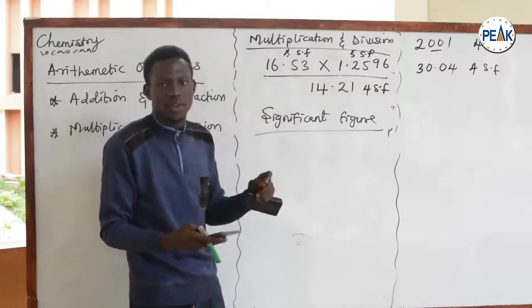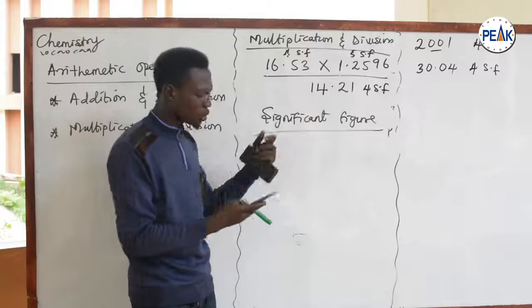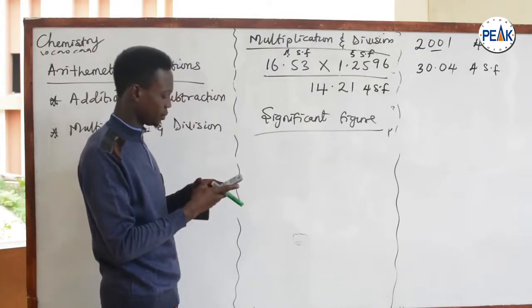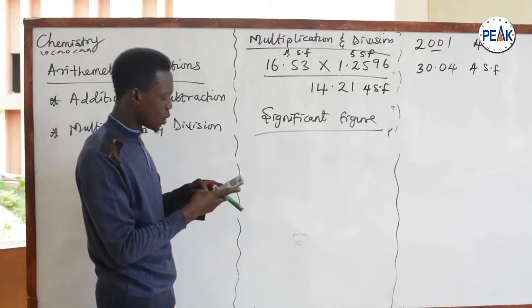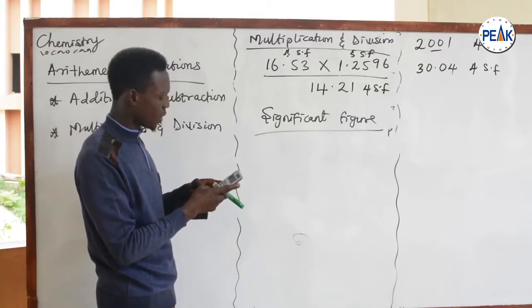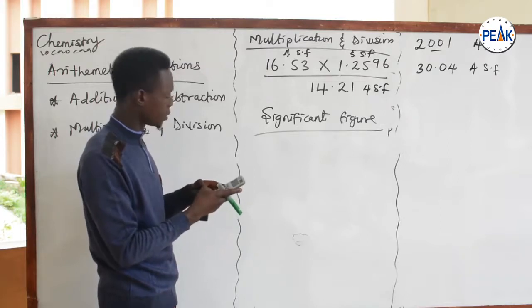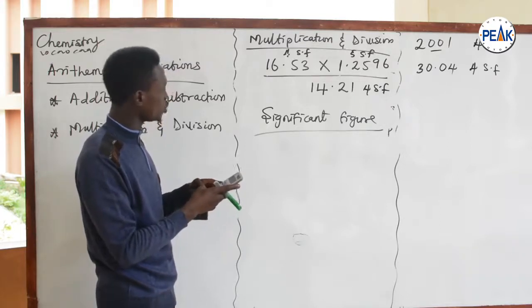So my final answer will be to 4 significant figures. If we punch this on our calculator, we have 16.53 multiplied by 1.2596 divided by 14.21.